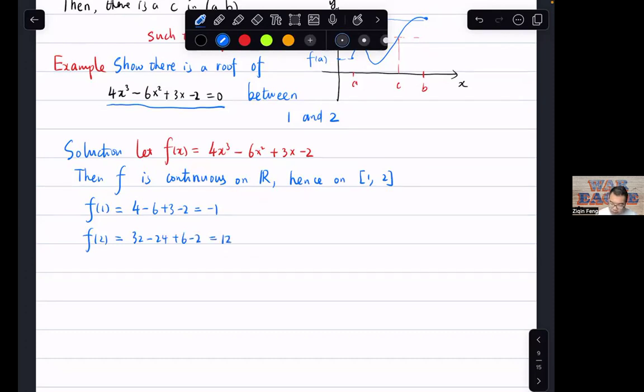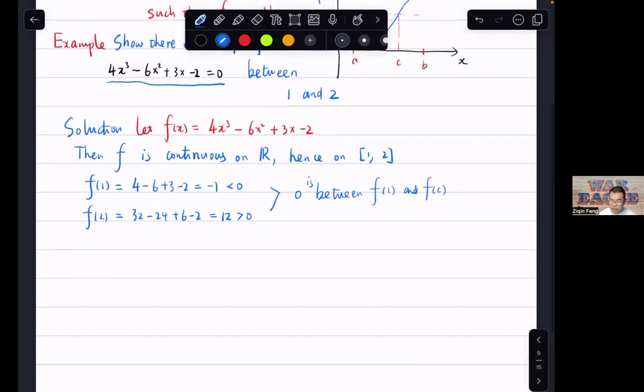One is less than 0, the other is greater than 0. So clearly 0 is between f of 1 and f of 2. That's the number we are choosing, capital N.